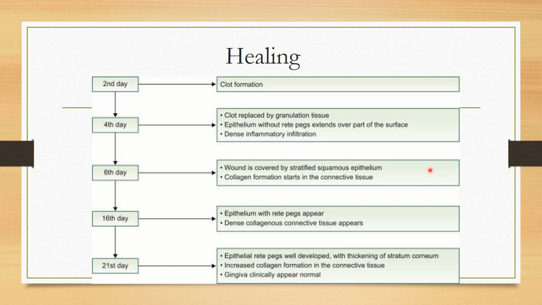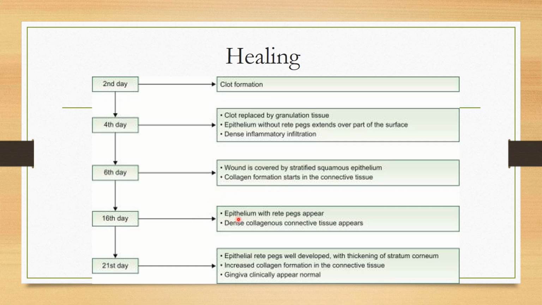Coming to the healing part after gingivectomy, by the second day clot formation will be there, and by the fourth day the clot will be replaced by granulation tissue, with epithelial formation but without rete pegs. Then there will be dense inflammatory infiltration, and by the sixth day the wound will be covered by stratified squamous epithelium, and collagen formation will start in the connective tissue.